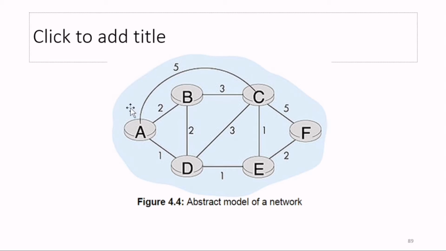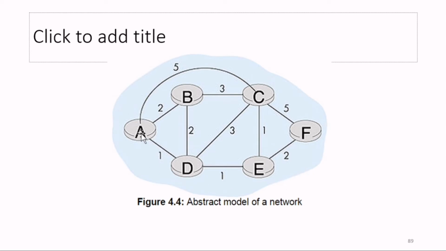For example, we want to send a packet from A to F. So we need to determine which path is the shortest. In this example, the shortest path is A, D, E, F because it has the least cost, which is 1, 1, 2, so the total is 4.